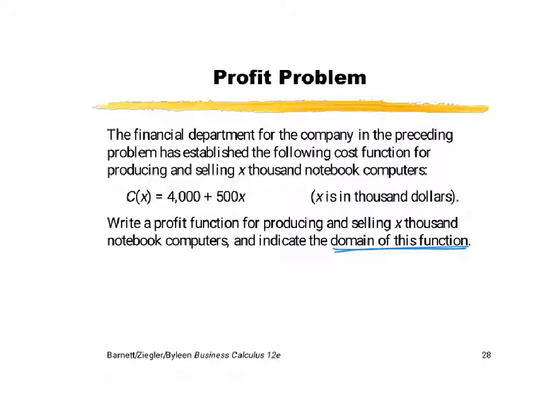But our profit function is found by, so let's write this. The profit as a function of x is equal to the revenue function minus the cost. I'll write the equations that we had earlier. The price demand function was given as p of x equal to 2,000 minus 60x.